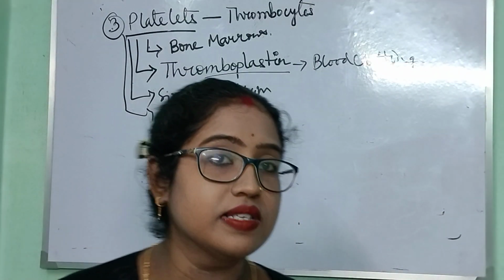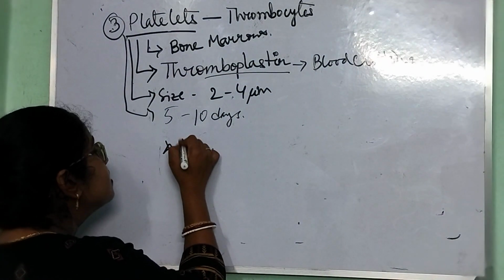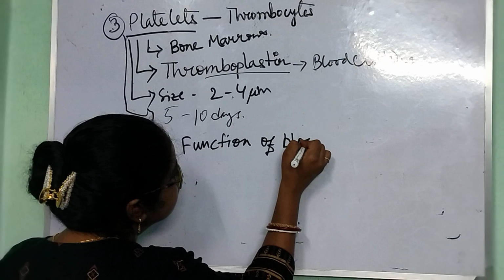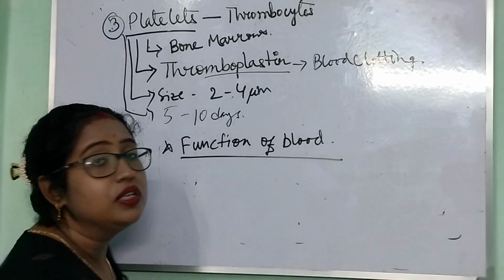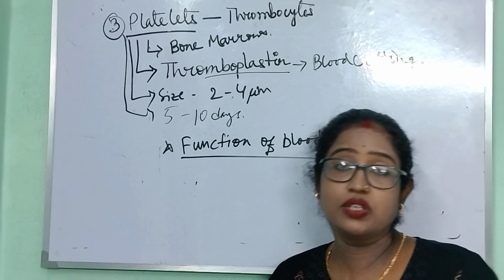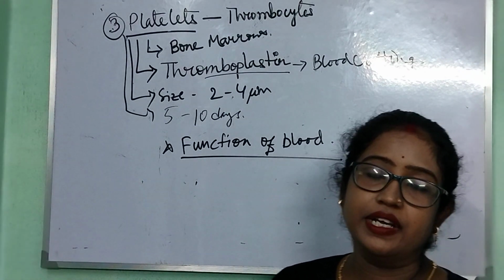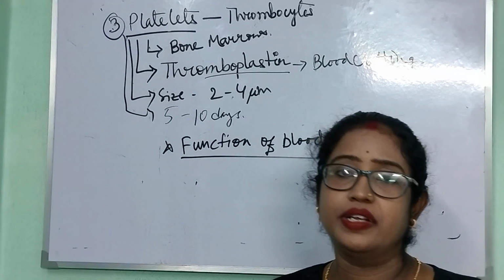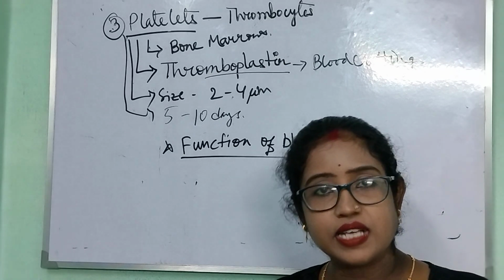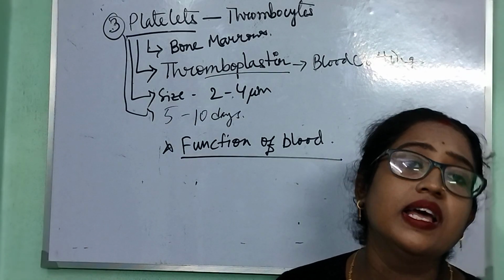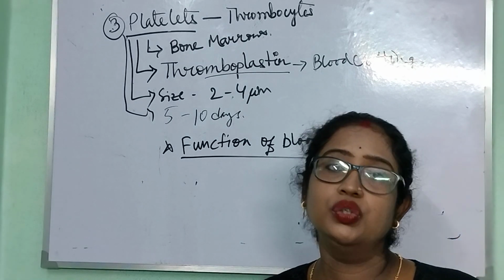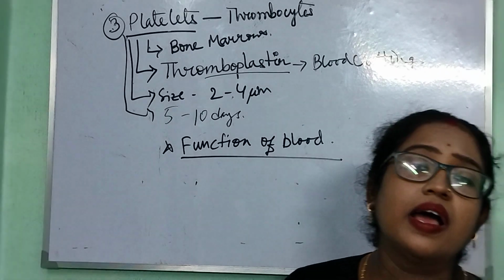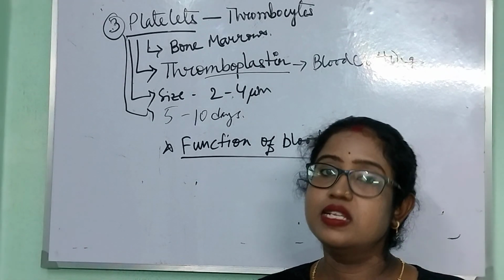Now, let us discuss the last topic of this session, the functions of blood. The major function of blood is to transport digested and absorbed food material from our small intestine to different organs of our body, from head to toe, and to supply it to each and every cell.